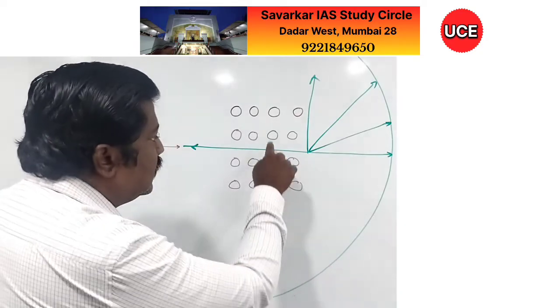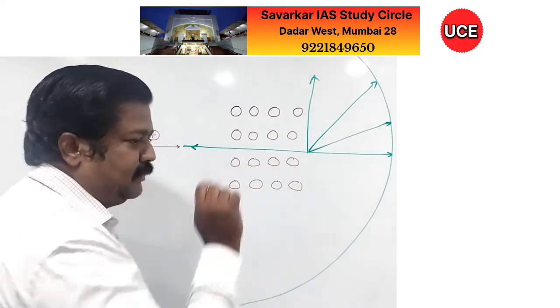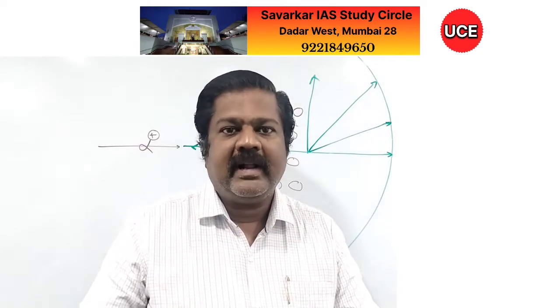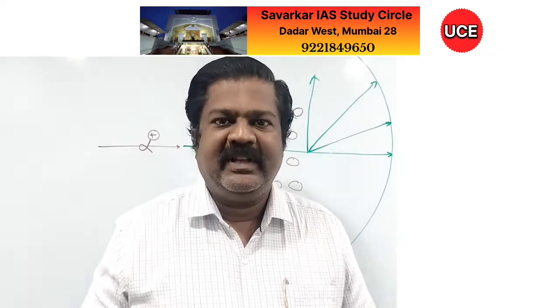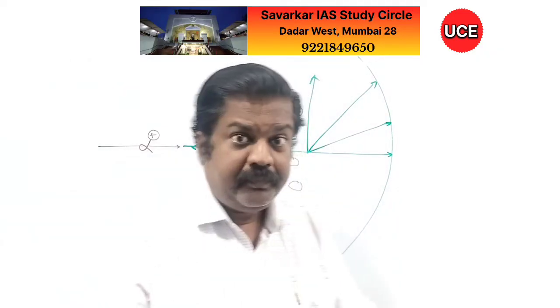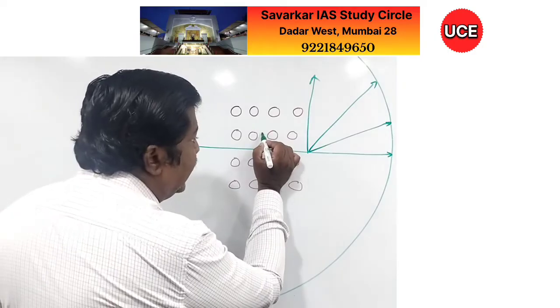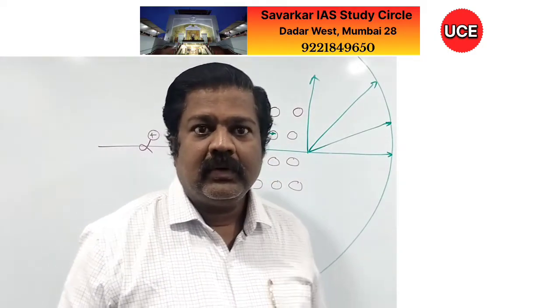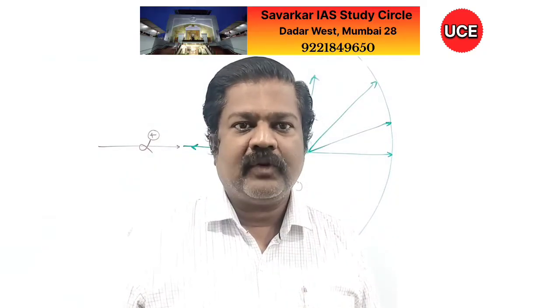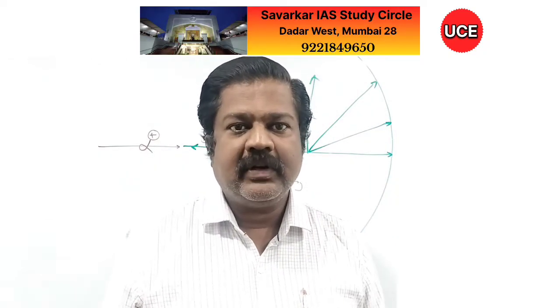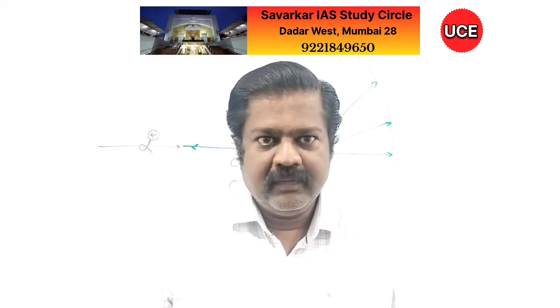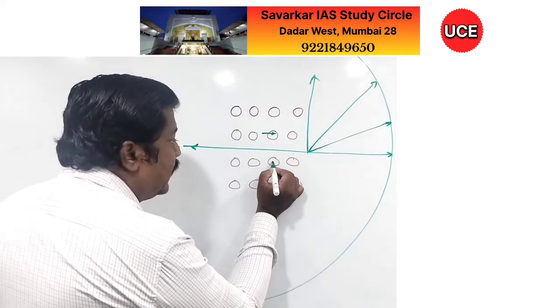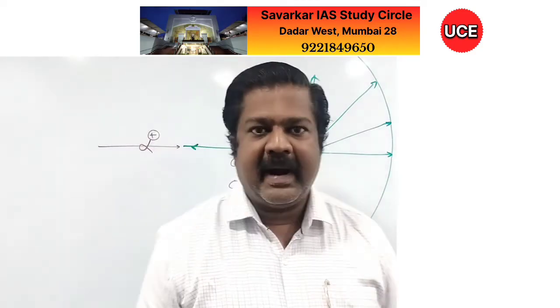There should be space between the atoms. He called that interatomic space. As well as space is there within the atom also. When the atom is hollow, then where is the mass of that atom? All mass is concentrated at the center, according to him, because alpha particles are heavy particles.